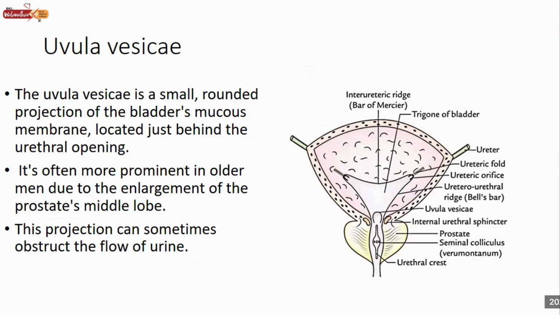It is more prominent in old men because it is due to enlargement of the middle lobe or median lobe of the prostate. The clinical importance is that when it enlarges, it many times obstructs the opening of the urethra, and then there is no proper emptying of the bladder.